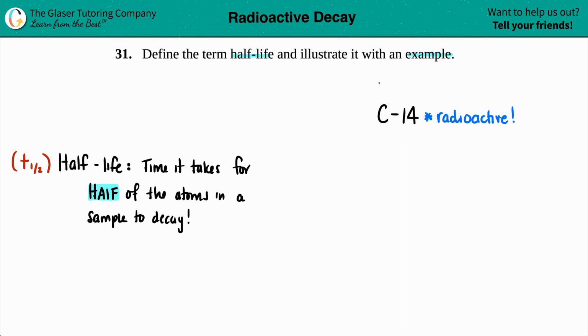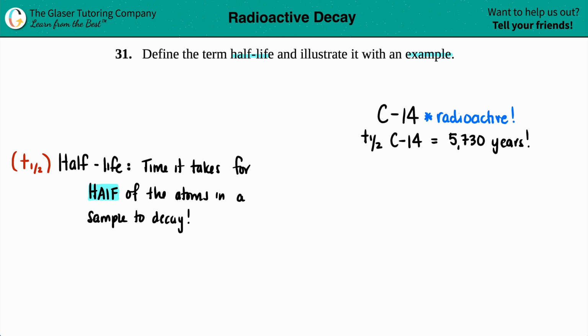So the small amount of carbon-14 in the tree is now going to start decaying. The half-life for carbon-14 is roughly 5,730 years.